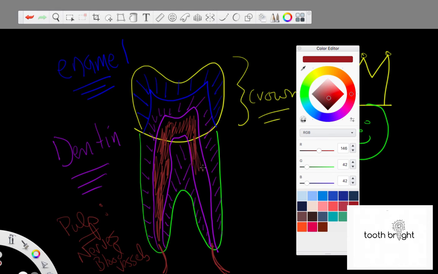Now, why do we have the pulp? Why do we need the pulp? Well, it helps us in the respect of being able to sense hot and cold and know when there's damage being done to the tooth. But the main purpose of the pulp was just to provide a pathway for the cells to come in and be able to build the tooth when you very first got the tooth.